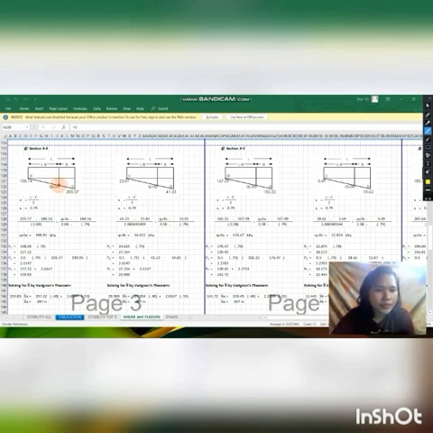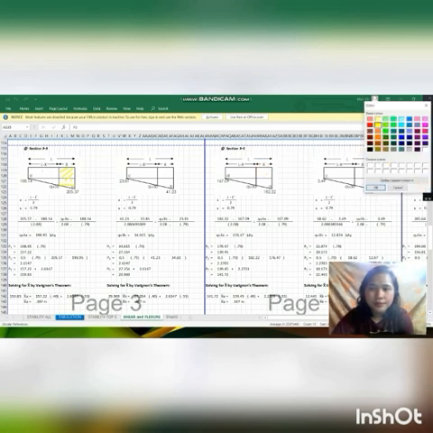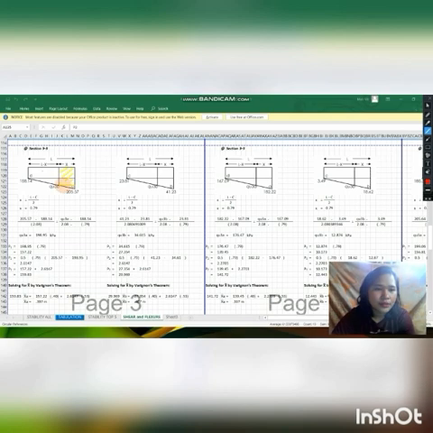So this is our area 1 and area 2. Area 1 can be located here, and area 2 can be located under. It is in the shape of a triangle. So P total is 159.83.